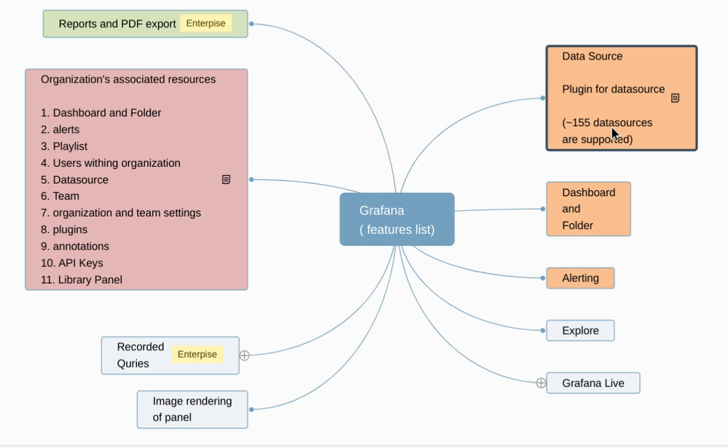For example, Elasticsearch, Prometheus, InfluxDB, MySQL, Microsoft SQL Server, Oracle database, or tools like AppDynamics or Dynatrace. As I said, there are more than 155 data sources, so from that many sources we can pull data.